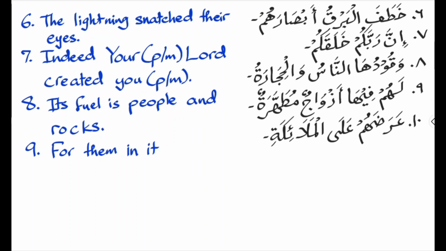Mutahhara is clean or pure. So azwajun mutahharatun, pure spouses. Obviously, when you read it, for them in it, pure spouses, that doesn't make sense. So you say, for them, they're in it, there are pure spouses.